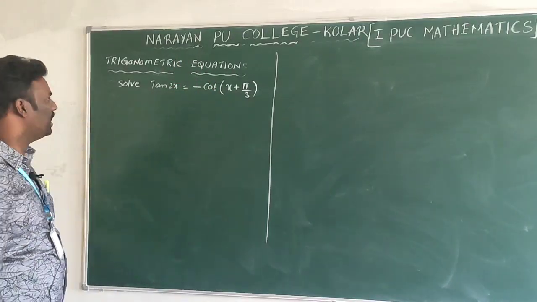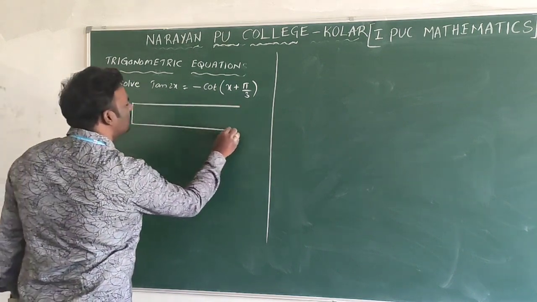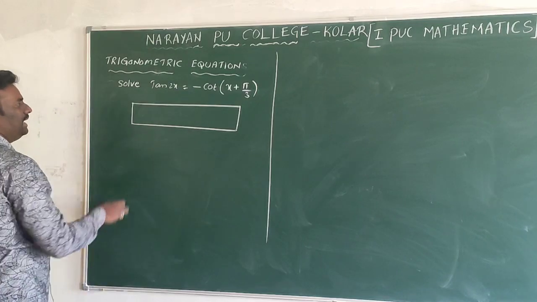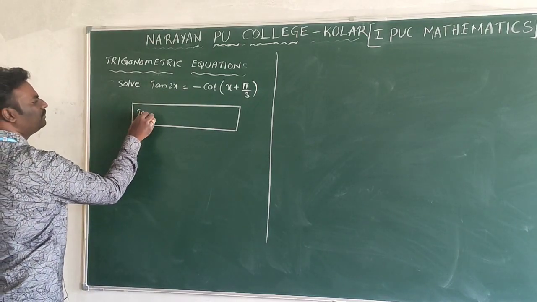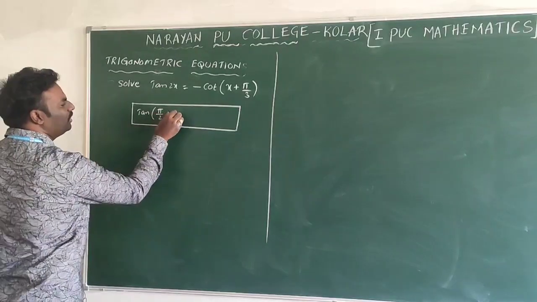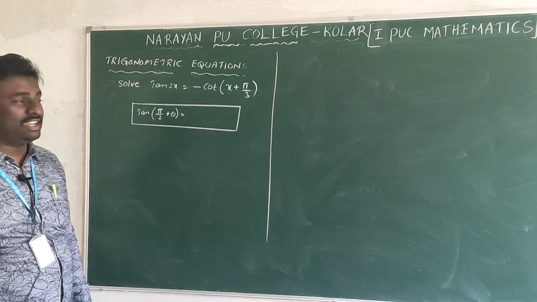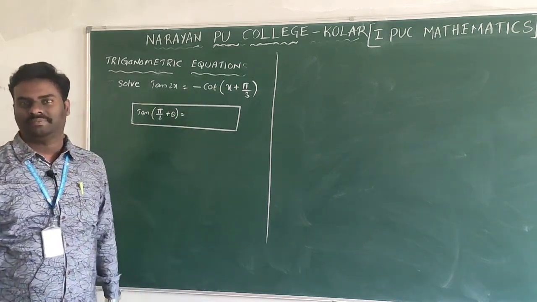Okay, how to write? I am writing tan (90 plus theta). Why 90, sir? Already we said don't take 90, because the function will change. We need the function to change. Why?